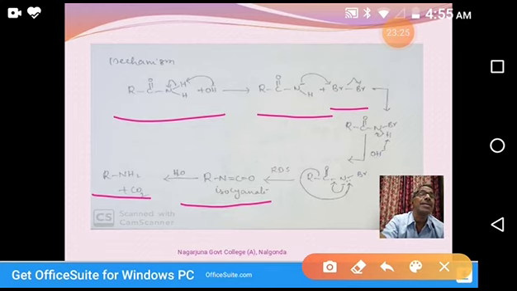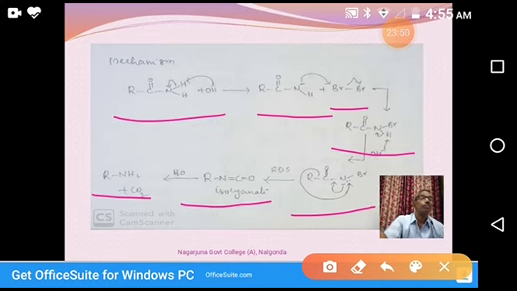It replaces one of the Br as Br minus, giving this N-bromoamide. That's why it is a reaction intermediate, and that's why this reaction is known as the bromamide reaction. This bromamide loses one more proton to the OH minus, giving this N-bromo anion.